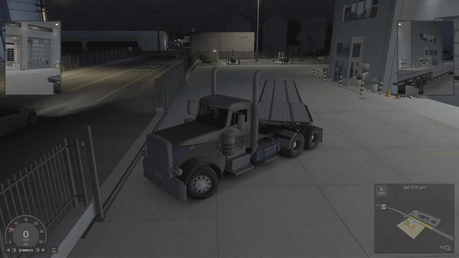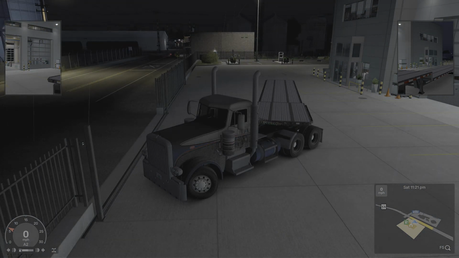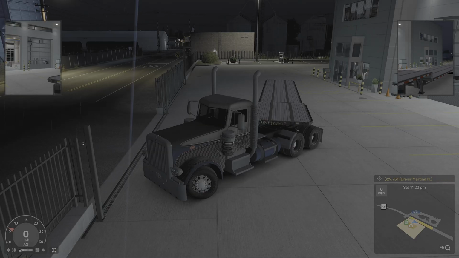That's the reason I like to have my S key as either my reverse only, and not my brakes at all, and my brake is on my space bar. Or my emergency brake on my S, because that way there's no mistake. You're trying to slow down, you're going to slow down. You're trying to slow down and you speed up in reverse.